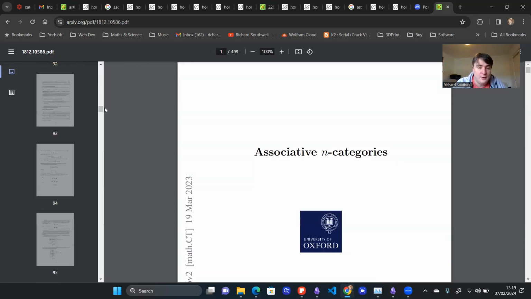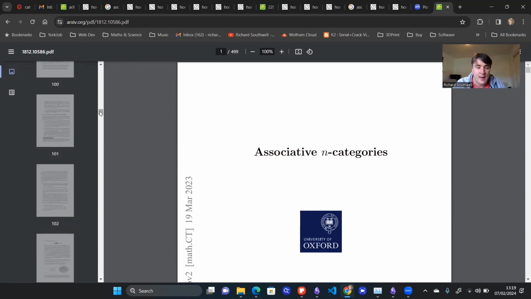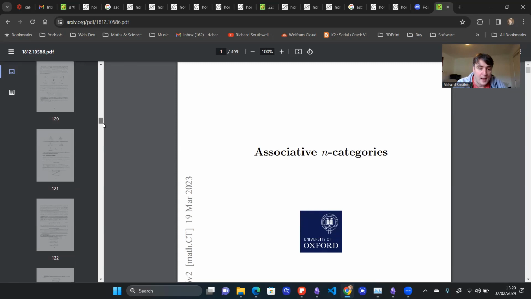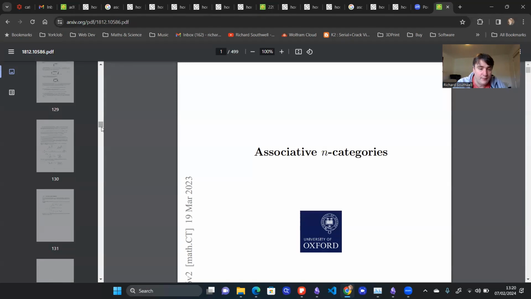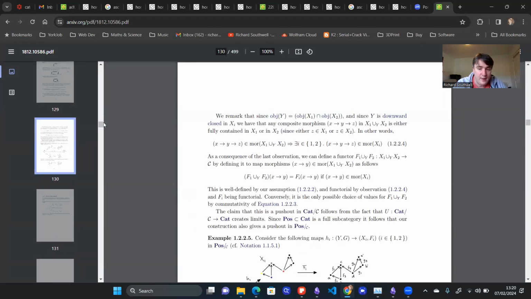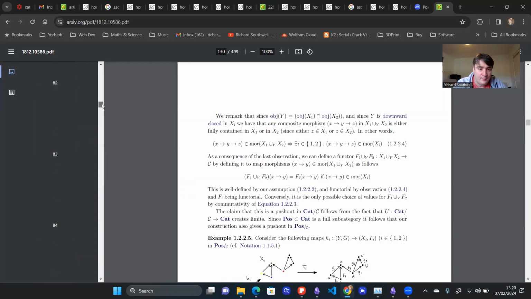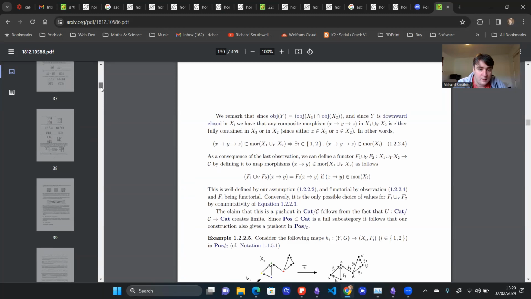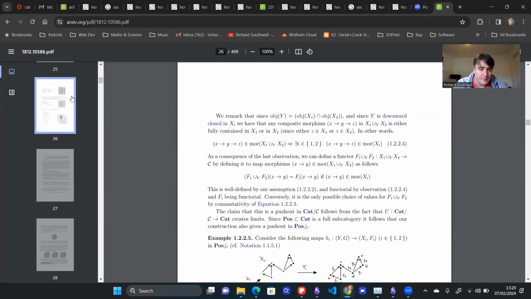And essentially, you can think of them in some sense as the kind of things that you can build using Homotopy.io. So if you look at this lovely thesis, let me see if I can find some nice pictures. Right.